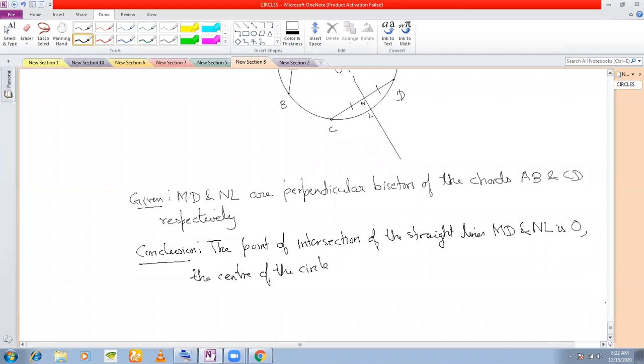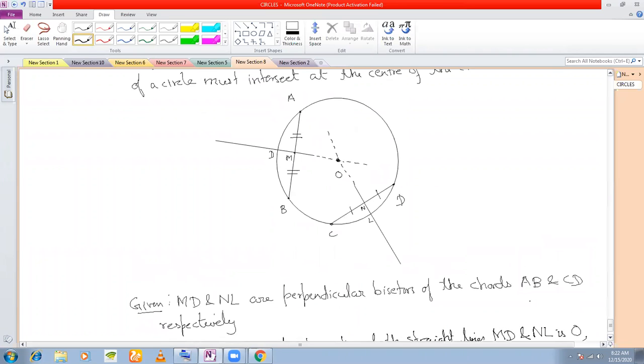So the point of intersection of MD and NL, these two straight lines, will always be the center of the circle. And you can have any number of non-parallel chords. Even if you have 5 non-parallel chords, they will all intersect at the center of the circle.